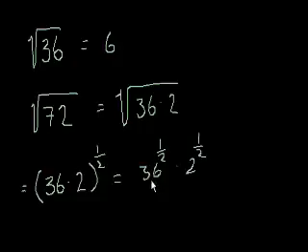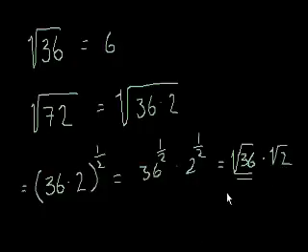That's the same thing as saying square root of 36 times the square root of 2. And we already figured out that the square root of 36 is 6. So that just equals 6 times the square root of 2.